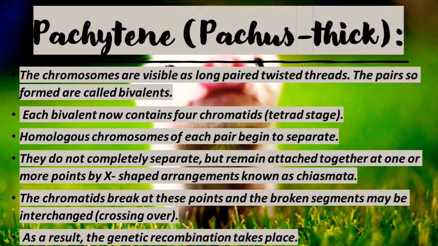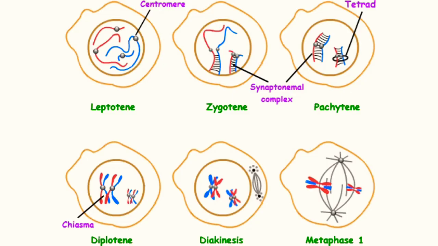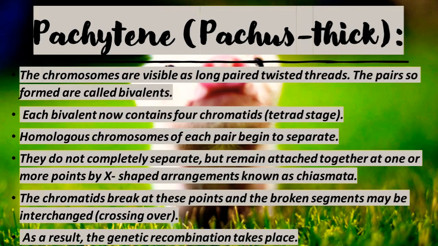Homologous chromosomes of each pair begin to separate. What do you mean by homologous chromosome? Homologous chromosomes means the associated chromosomes. If in a pair 2 chromosomes are there, the other chromosome is called the homologous chromosome.